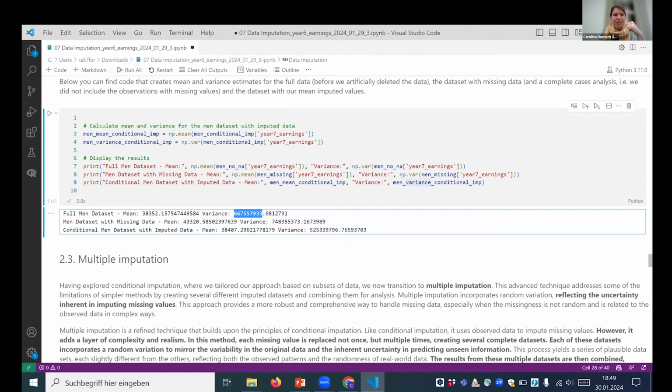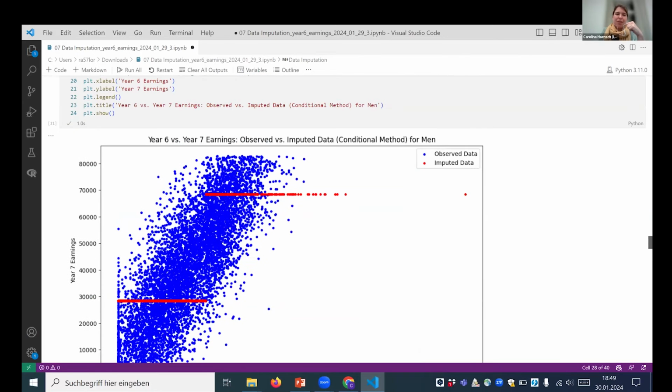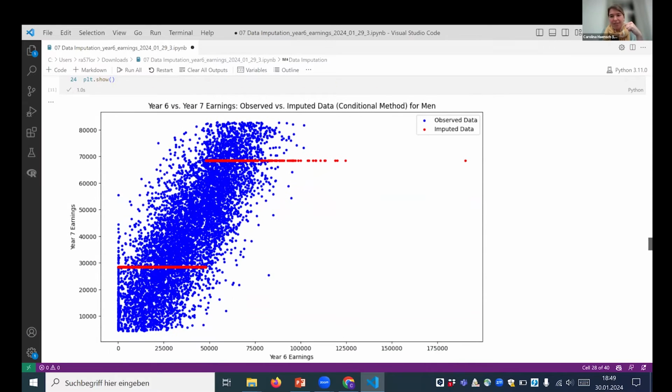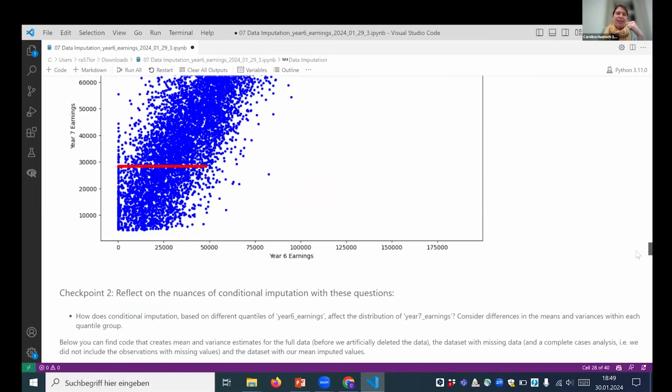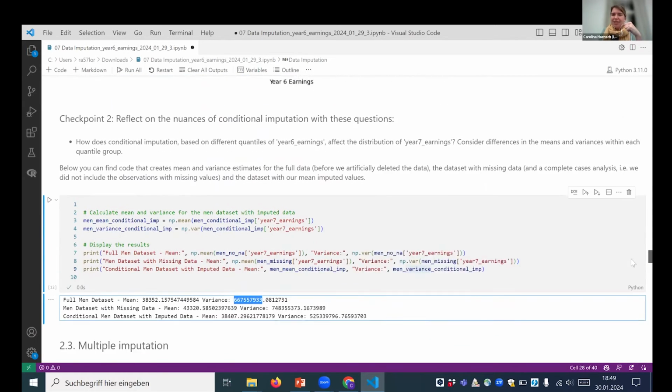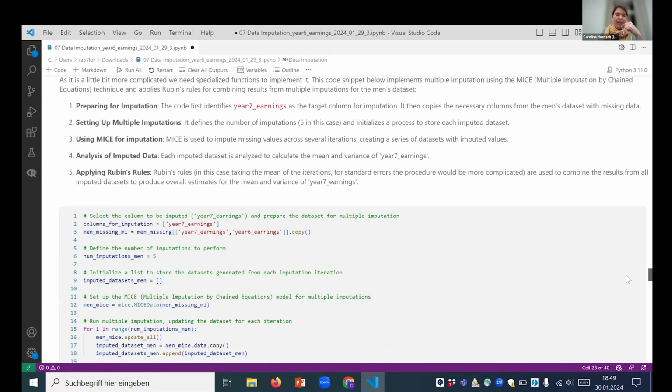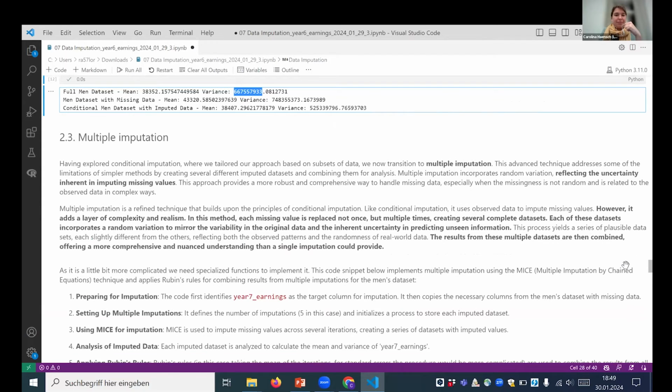Of course, if we look at this, you will probably agree that this is not a realistic pattern. And so we might shy away from using this. And yeah, we also have my favorite method, which is multiple imputation.